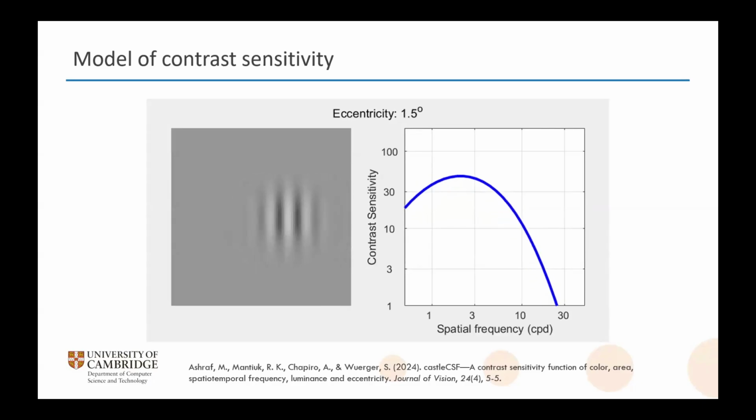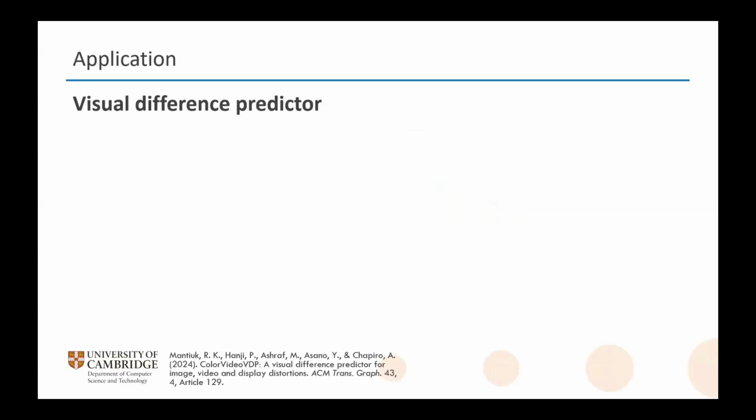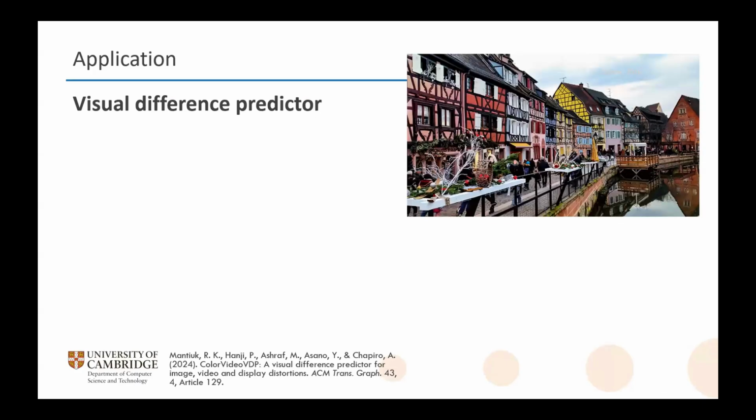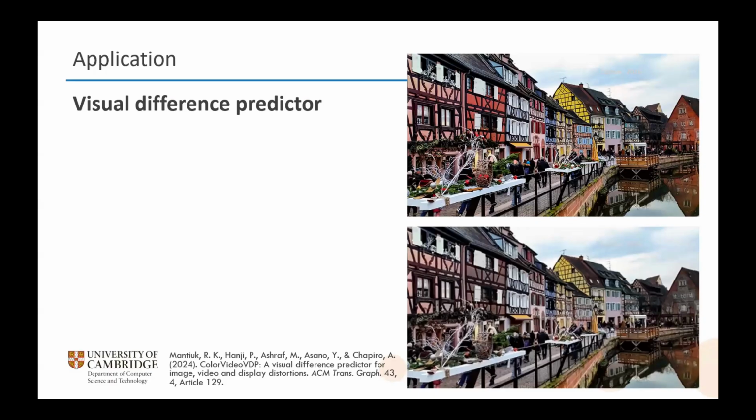So this is the kind of information that we would use for such an application. Another such application that we worked on last year is called the visual difference predictor. Let's say you have an image and then you compress it. Image compression is used to reduce the file size, for example if you have limited bandwidth over the internet and you want to make the file easier to transmit. Here, this is an exaggerated example of a process called chroma subsampling, where we reduce the color information in the image.